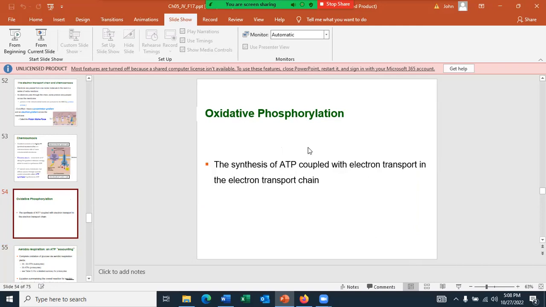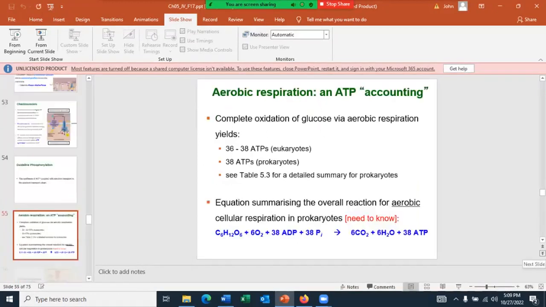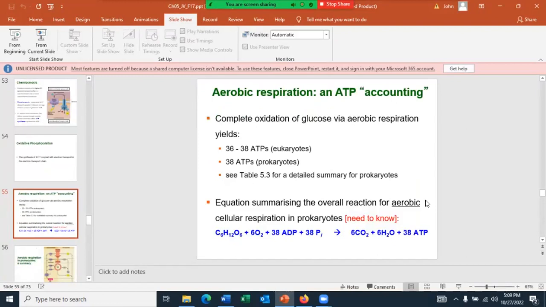All right, the making of ATP, that's phosphorylating ADP, and it's called oxidative phosphorylation because you use oxygen in aerobic respiration. However, this is just another name for the electron transport chain, so that's the term I'll use. Aerobic respiration, the counting of ATP: in prokaryotes, we get 38 ATPs for the oxidation of glucose in aerobic respiration.